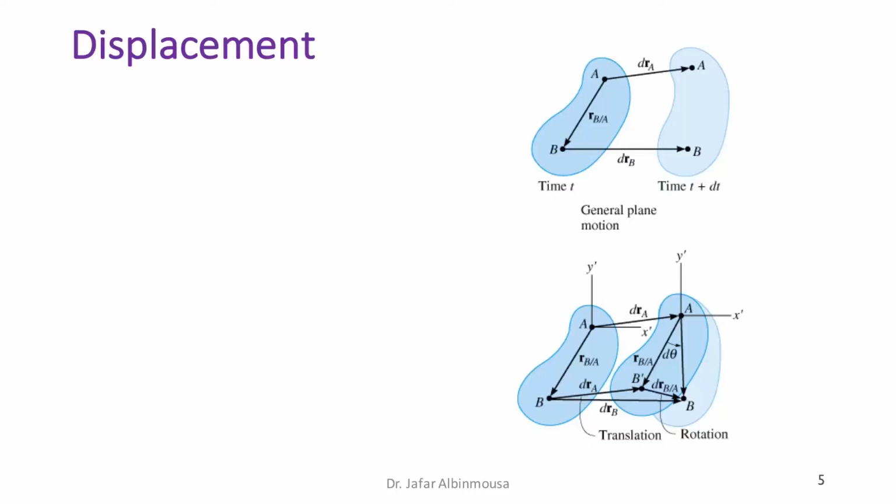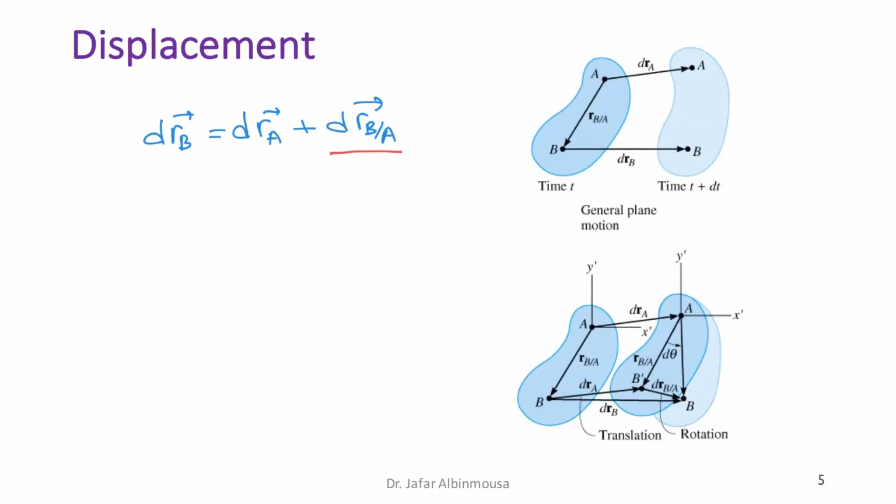Now, to express the displacement of a general plane motion for a rigid body, it's the change drB in the position vector. So this is drB equals drA plus drB with respect to A. If you remember, when we took the time derivative of the relative position vector with only translation, that went to 0.